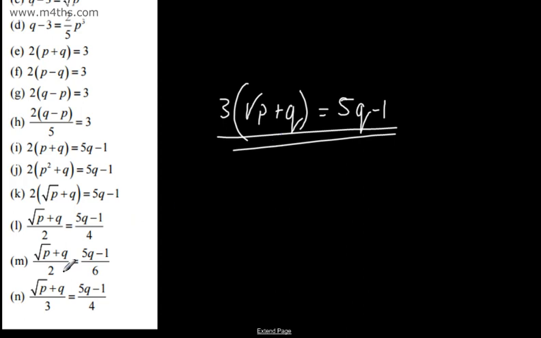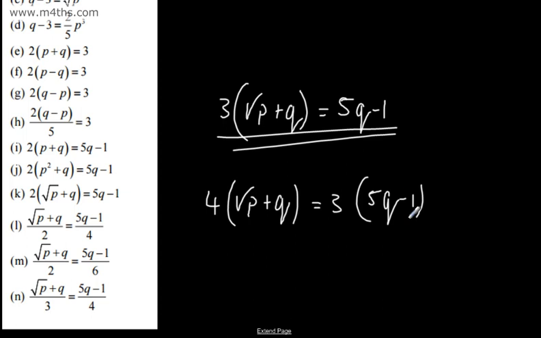This next one is slightly nastier, as I've got to find the lowest common multiple of 3 and 4. That's 12. So if I did 12 over 3, that would give me 4 lots of the root of p plus q. And if I multiplied this one by 12, that would give me 3, and we'd have 5q minus 1.